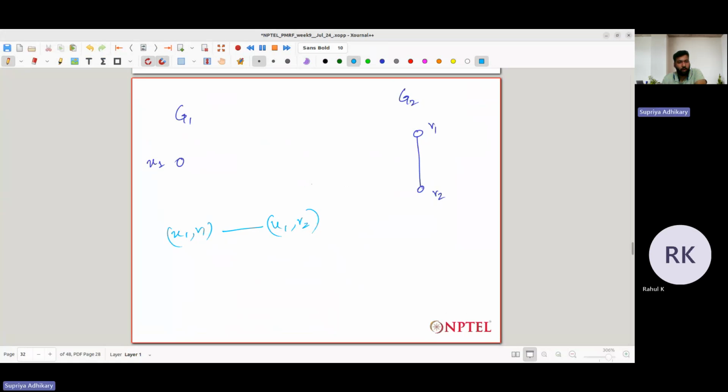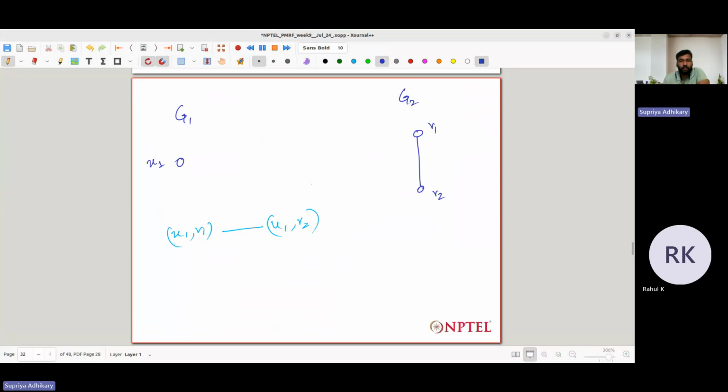So corresponding to one vertex in G1 and one edge in G2, we will have one edge constructed from U1 V1 to U1 V2.